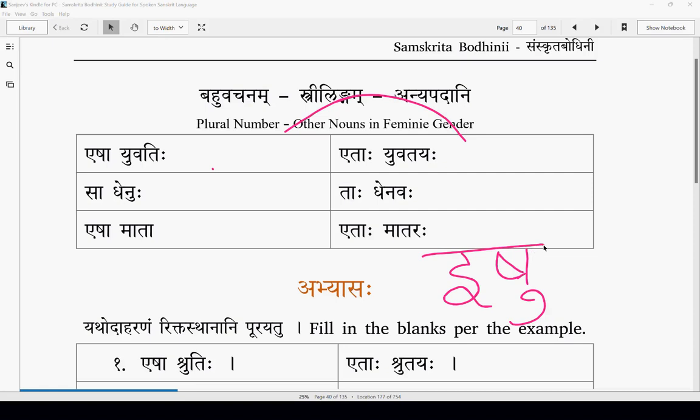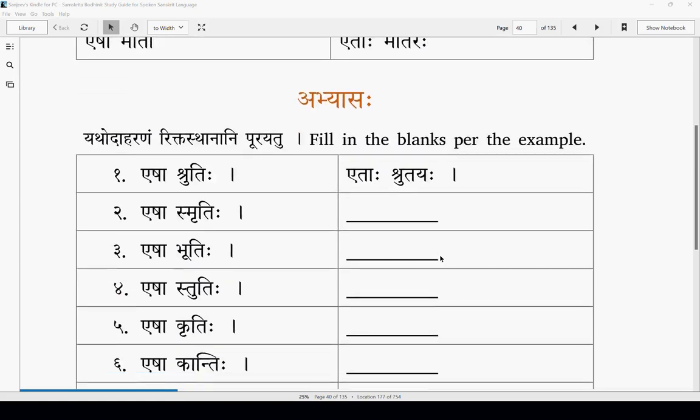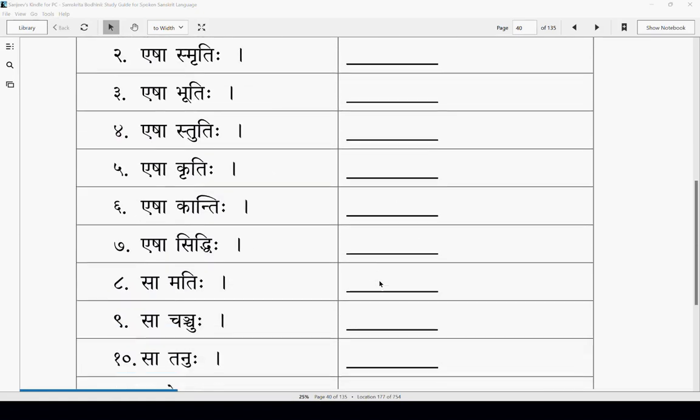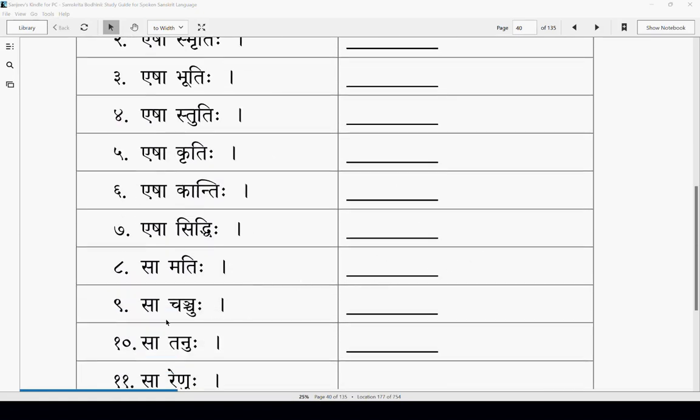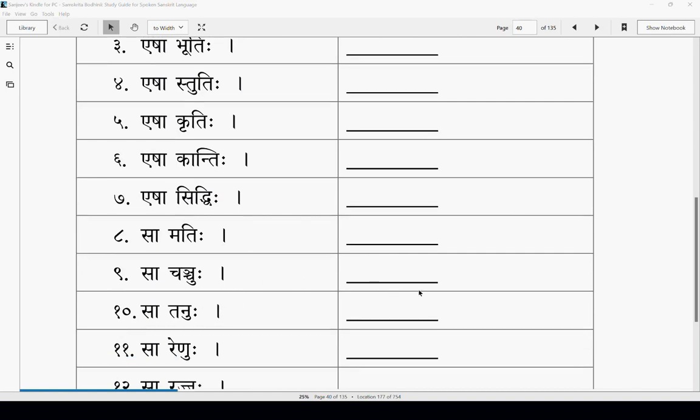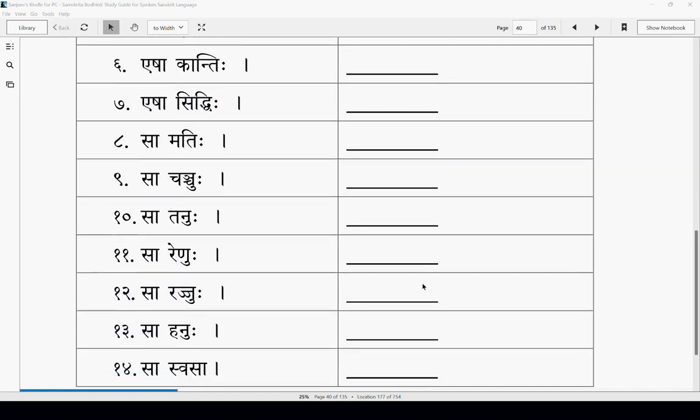Ishuhu, Ishavaha. Then Mata, Mataraha, which is similar to Pita, Pitaraha. And here we have some that we already studied, like Chanchu is also in the strilinga: Chanchuhu, Chanchavaha.